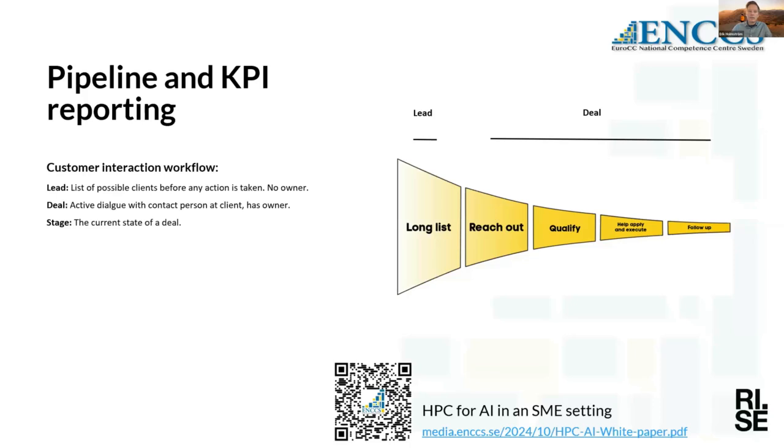Then it is converted from a lead to a deal when we start to work on it. That means a person from our side, from our project, will be the owner of that deal. So before we contact a company, it's just a name in a list, and then it's converted to a deal when it has an owner, and when we actually do things.